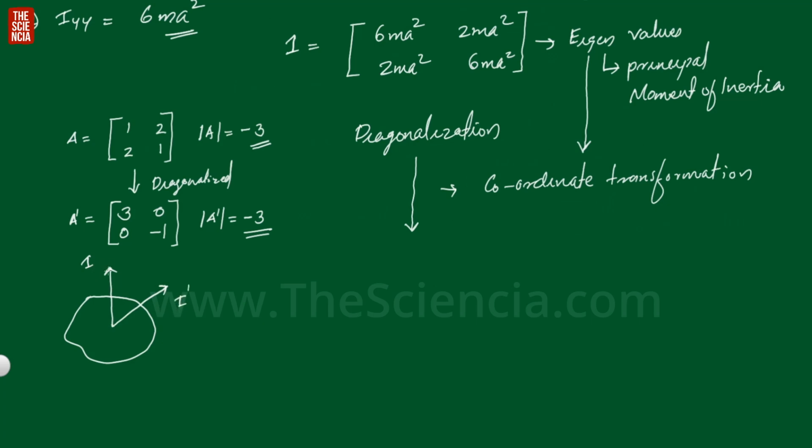Here its direction is changed, but its magnitudes are the same. You see, here the magnitudes are the same, but the matrix elements are changed, meaning its coordinates are changed.